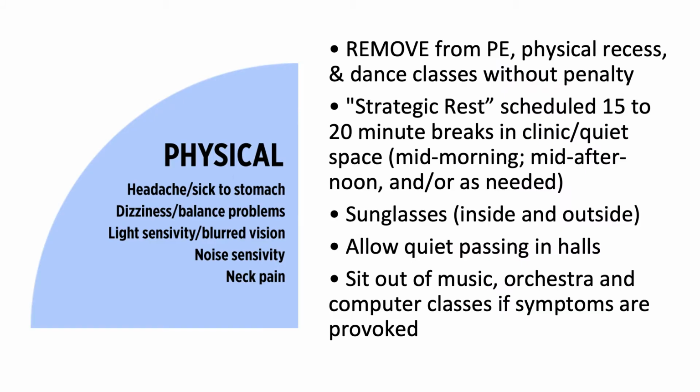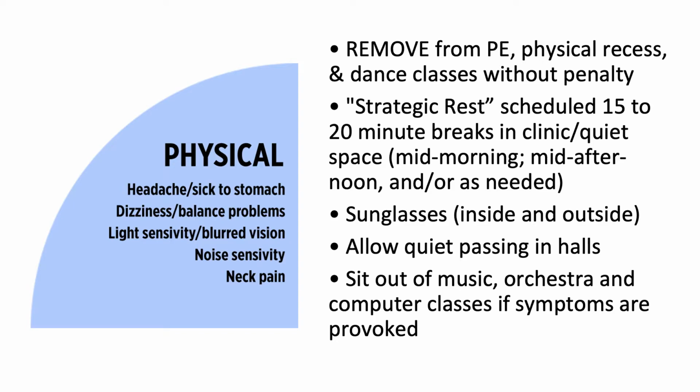During the early days of concussion, the brain is in an energy crisis. This energy crisis is caused by a biochemical imbalance in the brain, which is thought to cause the physical symptoms. Concussed students should be removed from physical activities, classes such as PE, dance, marching band, without penalty until cleared to return to physical activity by their physician.